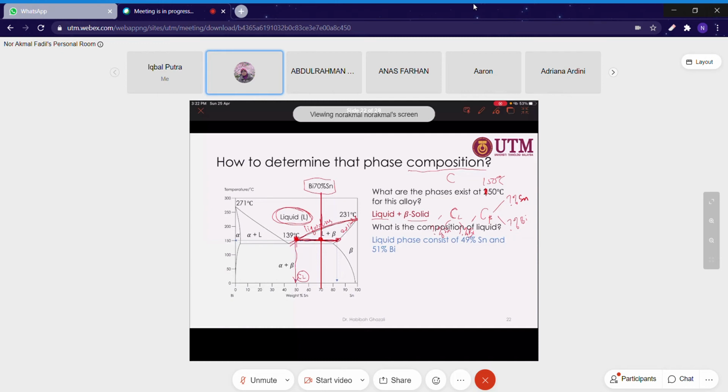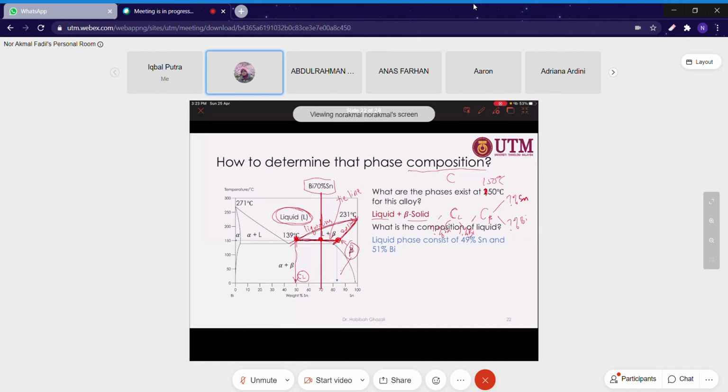stannum. If the liquid phase contains 49%, the remaining 51% is bismuth. Again, the total composition of your alloy is 70% stannum, but at this particular temperature, different phases contain different compositions.